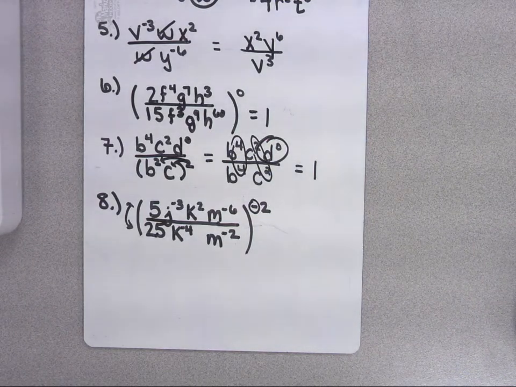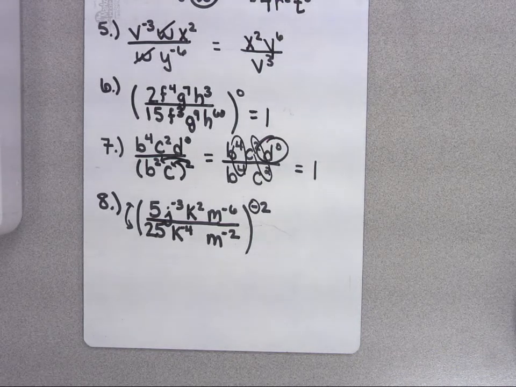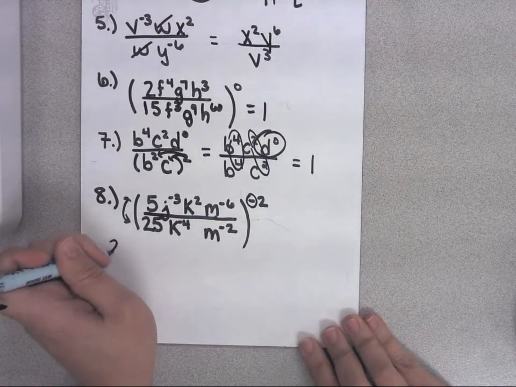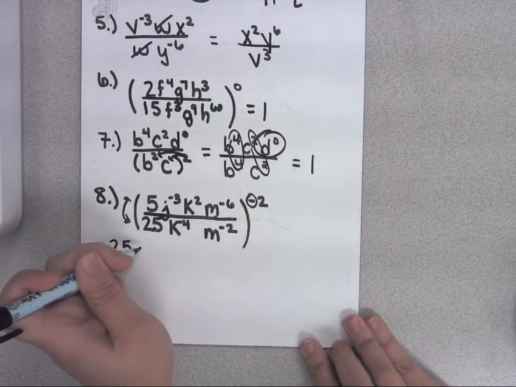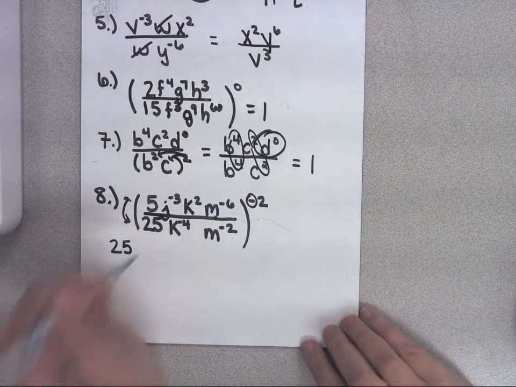The top becomes the bottom and the bottom becomes the top. So you never distribute the negative, you flip the whole thing. Keep the exponents exactly as they are and flip the fraction. You keep the 2 there, the negative is gone.